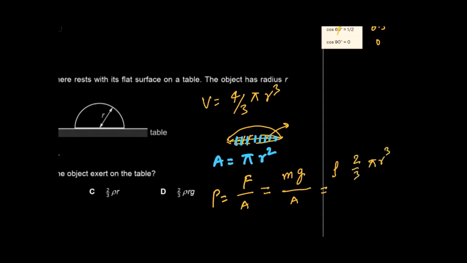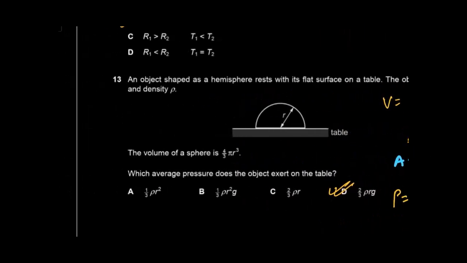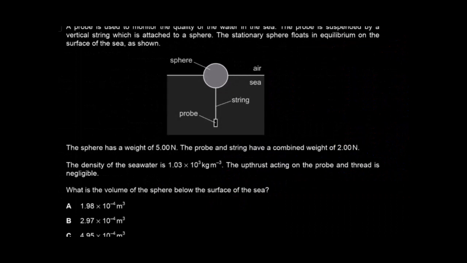So we can write 2 by 3 pi r cube into g divided by pi r square. So after solving we get 2 by 3 rho, cancel this pi, r into g.